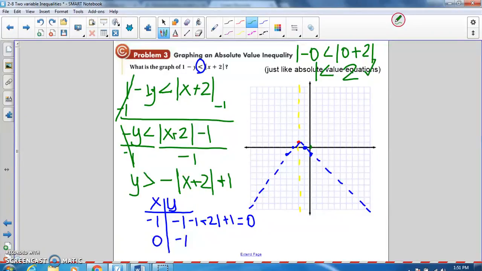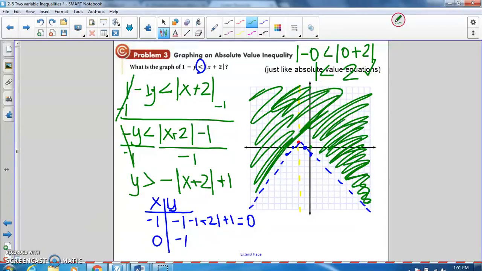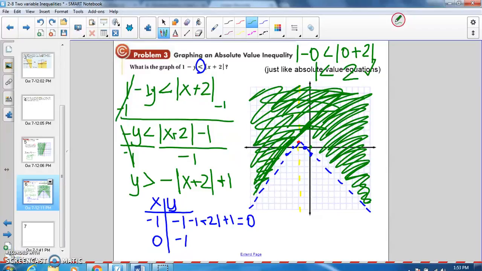Yes, this works, so I'm going to shade the region where my test point is, which is everything outside of my absolute value. And that's it.